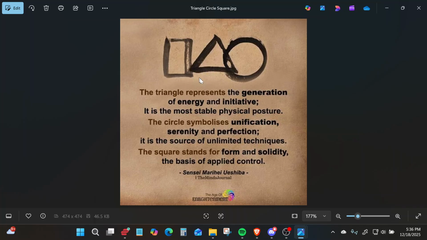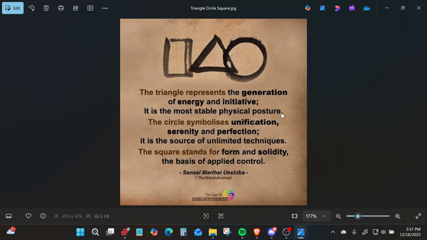And then you enter into the circle, which is through self. Well, we could read the slide, and you know, it says right here, the triangle represents the generation of energy and initiative. It is the most stable physical posture.